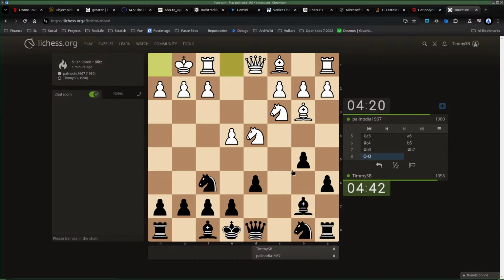Gives away a pawn. I don't see it. I get a pawn.